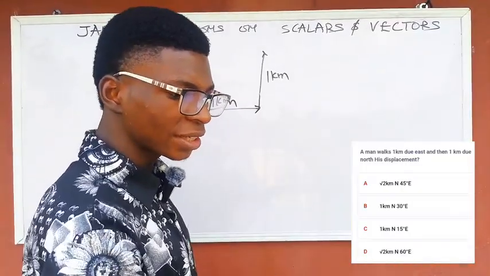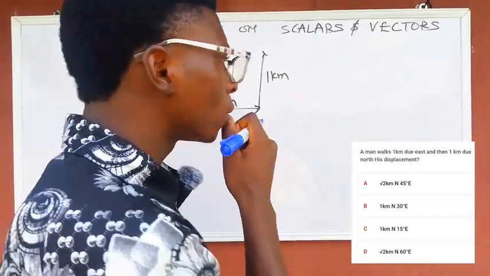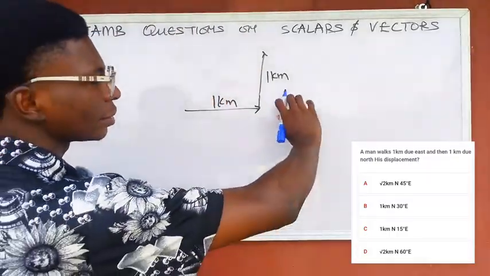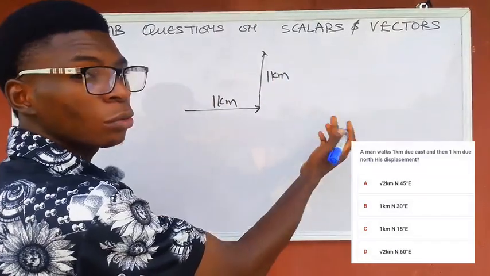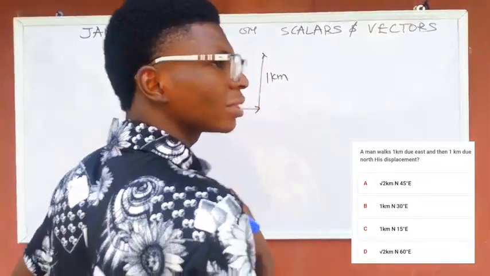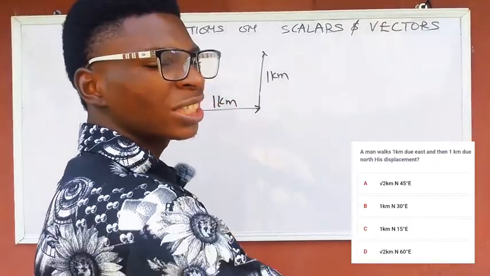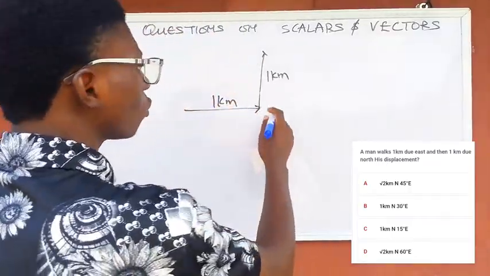It is the shortest straight line from the starting point to the destination. Now, this man's distance will be equal to 2 kilometers, because distance is a scalar quantity and how to calculate scalars is just the algebraic sum. So just 1 plus 1 will be the distance.